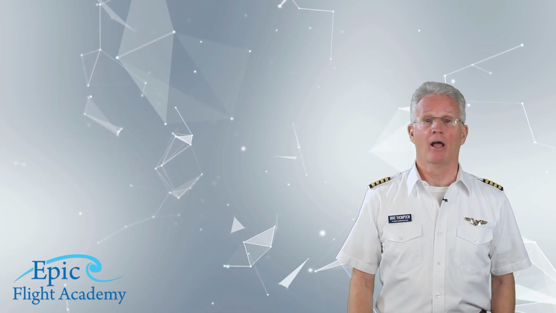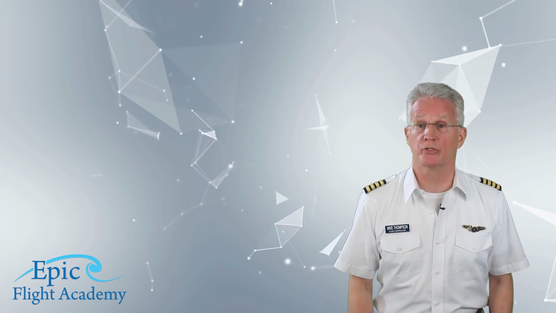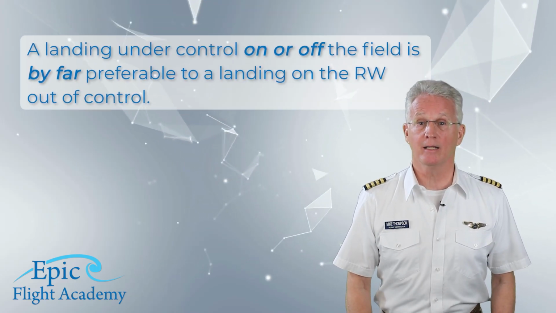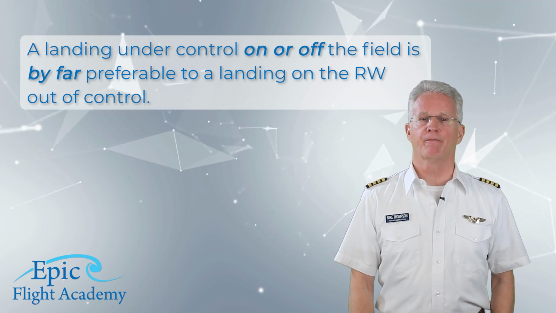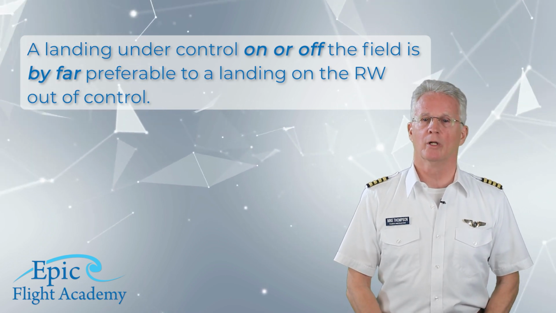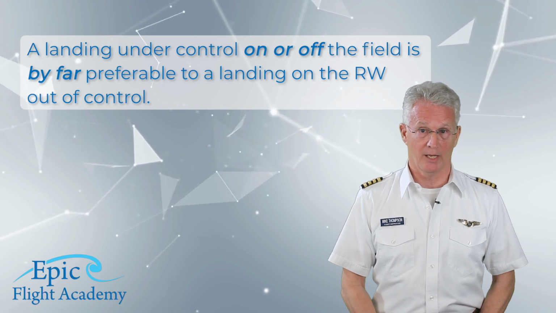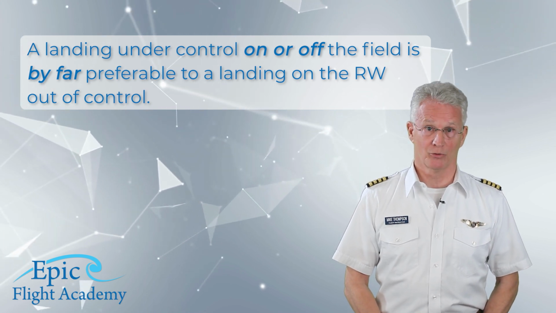As the Airplane Flying Handbook chapter on emergencies tells us, a landing under control on or off the field is by far preferable to a landing on the runway out of control.